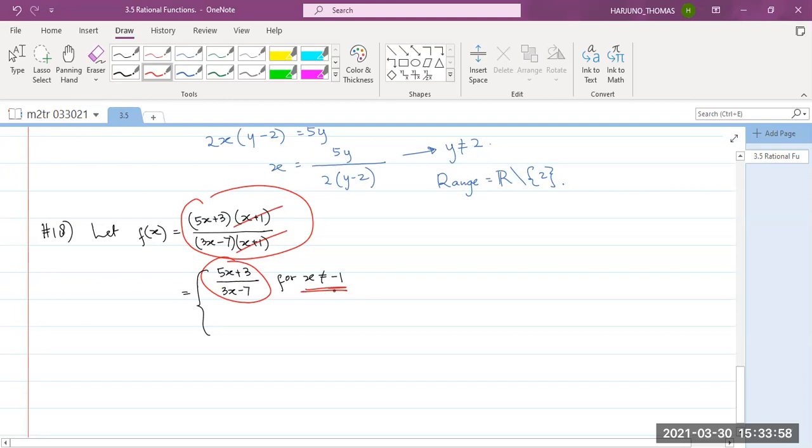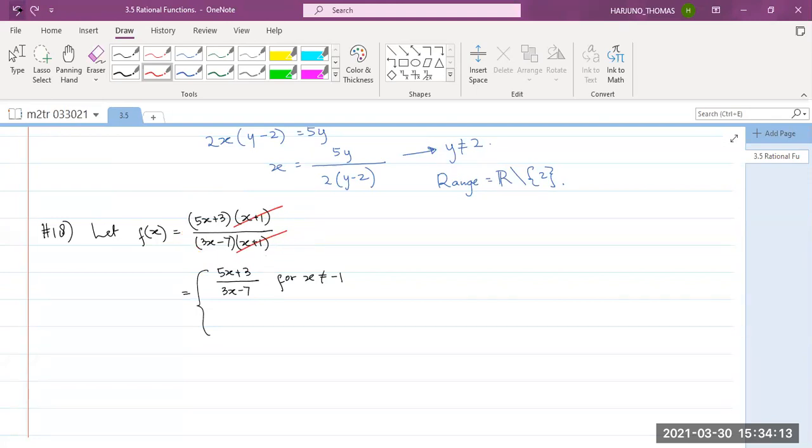Let's say x equals 2, then the value of the top is the same as the value of the bottom, as long as x is not equal to -1. But once x equals -1, then the value of the original function f(-1) is undefined.